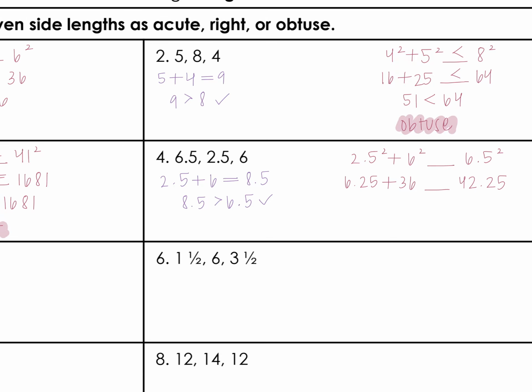So when I add these together, I'm going to get 42.25, which is equal to that 42.25. So therefore, this is going to be a right triangle again.